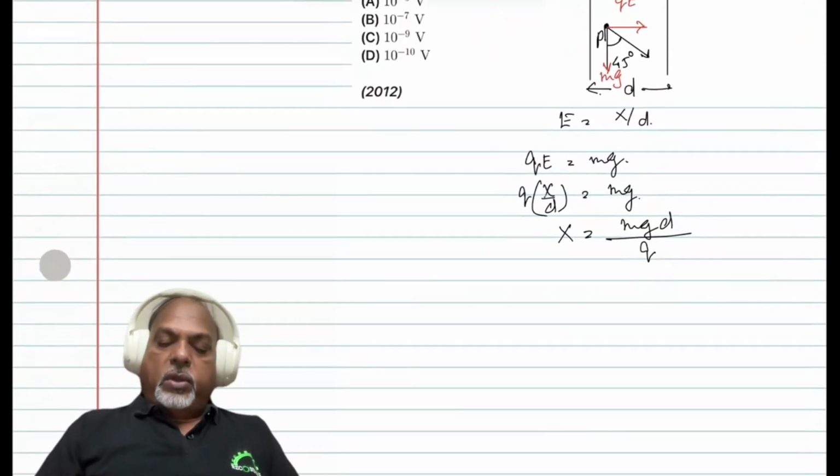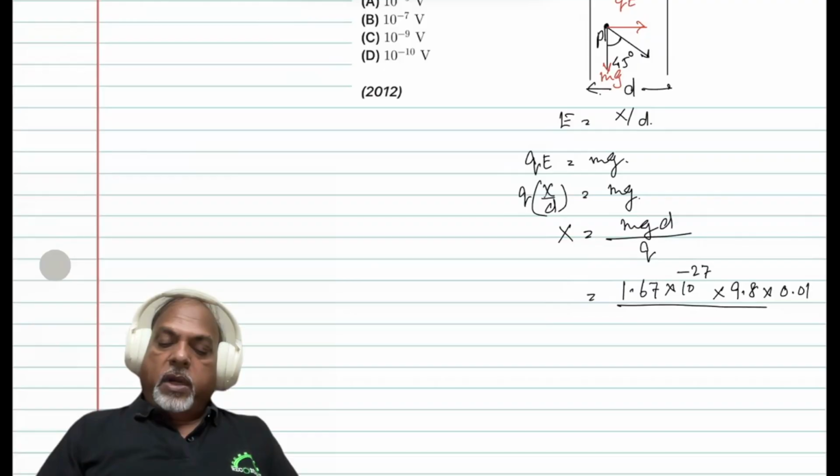If you put the values, you have the mass of the proton, of course g, then we have 1 centimeter, D is given as 1 centimeter, that is 0.01 meter, divided by 1.6 into 10 raised to minus 19, that is the charge of the proton.